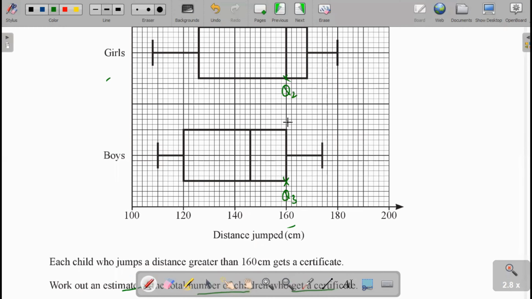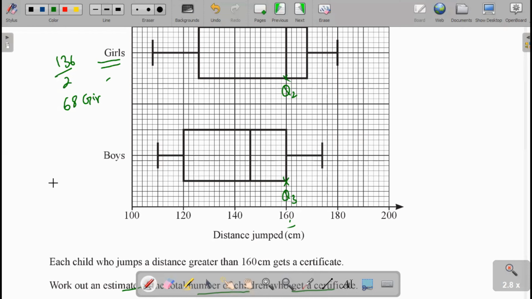It means the number of girls who jump more than 160 is half of the girls. Therefore, there are 136 girls, and the median value shows half, that is 68 girls. This is the upper quartile value.